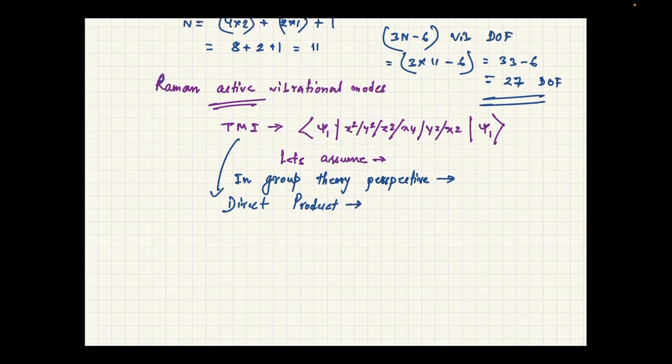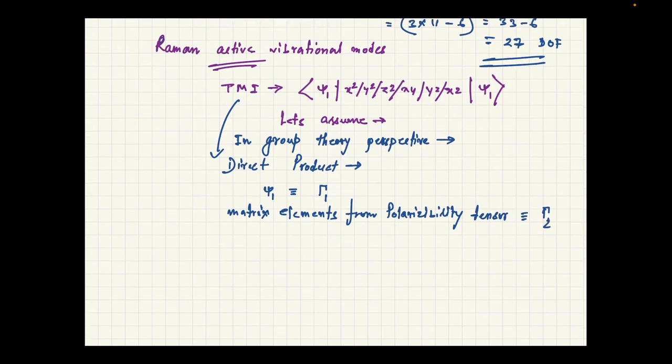Now let's say psi 1 is represented by irreducible representation gamma 1, and the matrix element from the Raman polarizability tensor is represented by gamma 2.